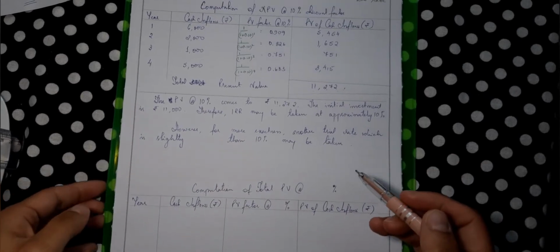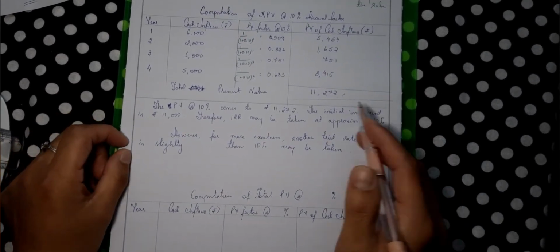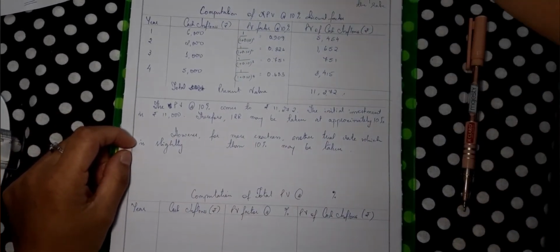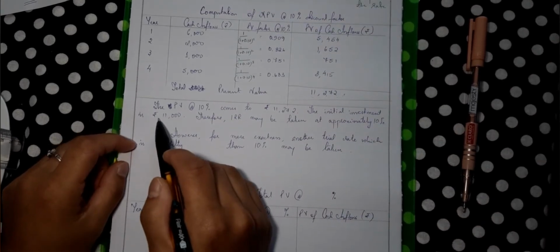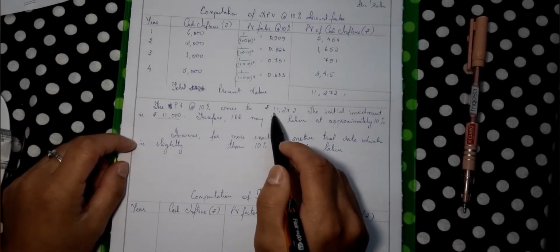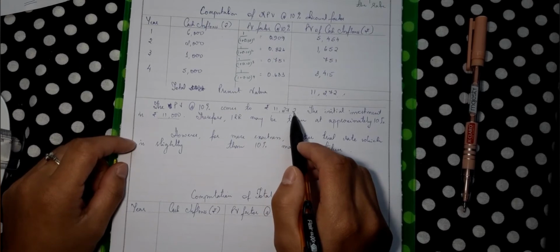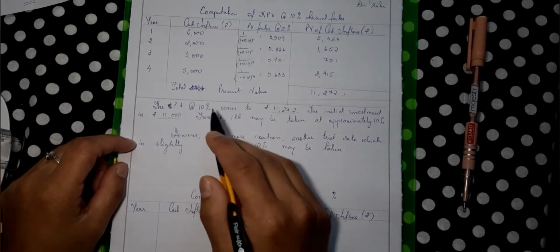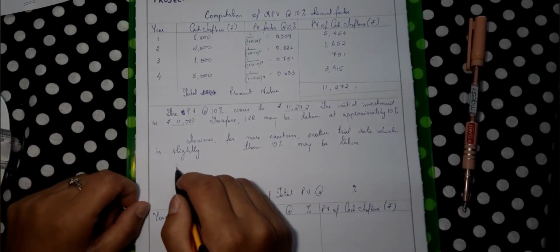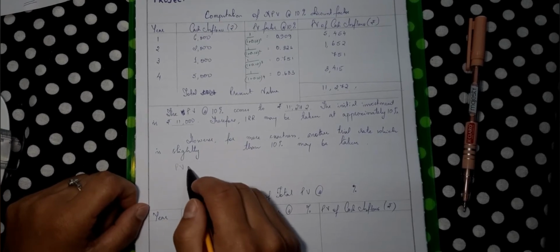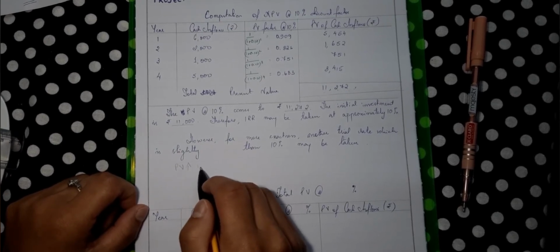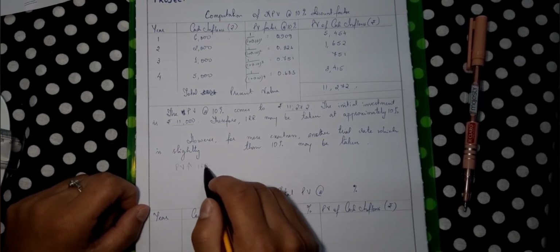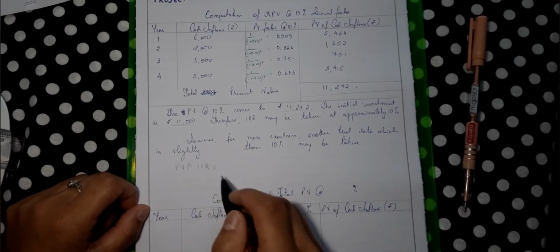Now, if you look at the differences here, the initial investment is rupees 11,000, but the total present value comes to 11,272, which means present value in this situation is higher than our IRR value. I'll just write it as IRR value.